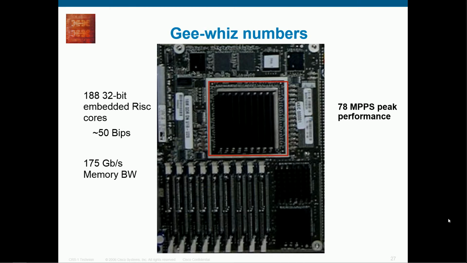It has a 32-bit processor, so it can do around 50 bits with a memory bandwidth of roughly 175 gigabits per second, thus allowing the Metro processor to organize it, process it, queue it, send it out. The higher density memory and the higher speed memory allows for better processing time.